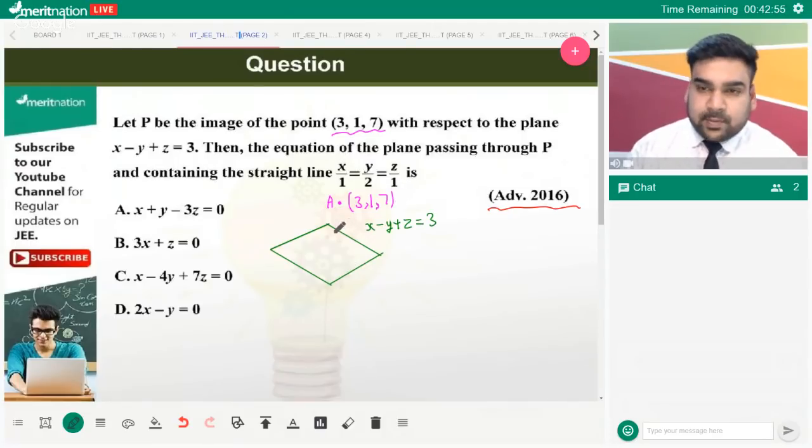And P is the image of this point about this plane. So this is our point P, which is the image of the given point A (3, 1, 7). Now we have to find the coordinates of this point P, the image of this point about the plane.